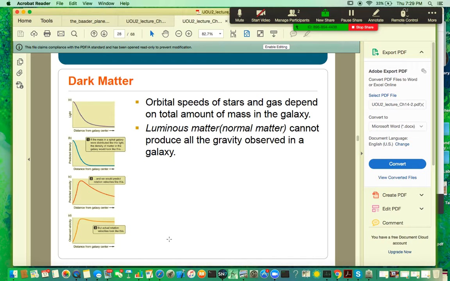This was suggested early in the 19th century, as astronomers observed clusters of galaxies. So observing clusters of galaxies, what you really see is the dynamics of galaxies in clusters, right?